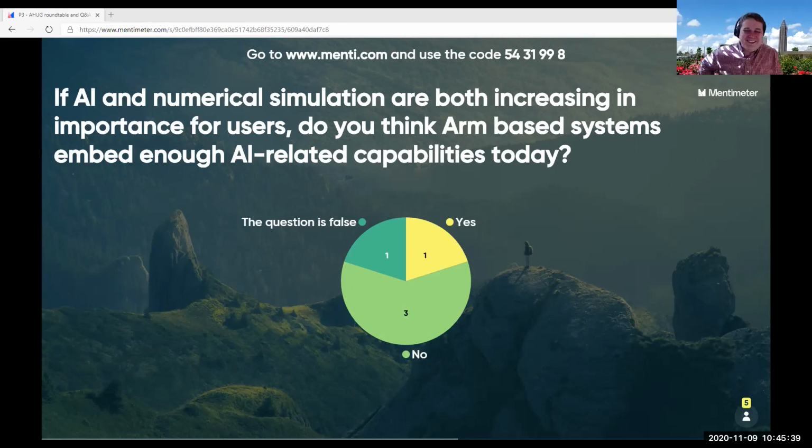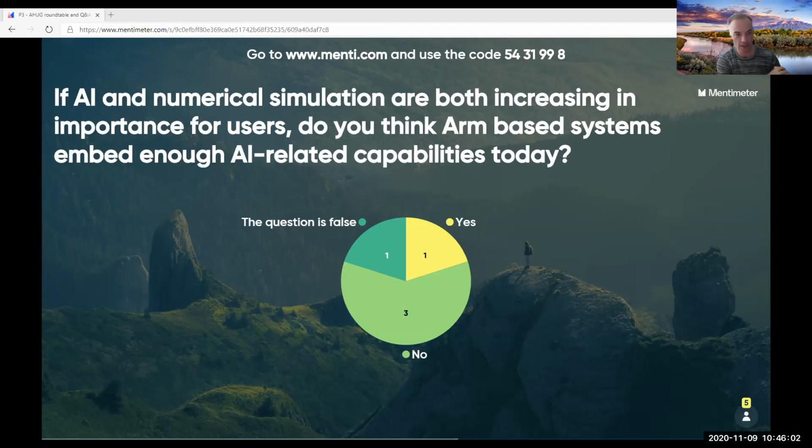Sai is shaking his head vigorously. Yes, it's definitely a difficult situation. This is my opinion, not something my colleagues will agree with. But I think we struggle quite a bit to find lots of AI use cases today.